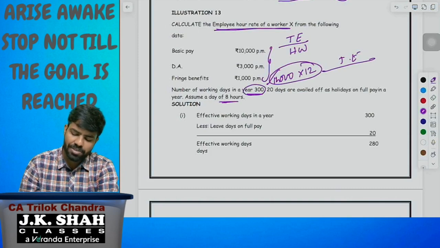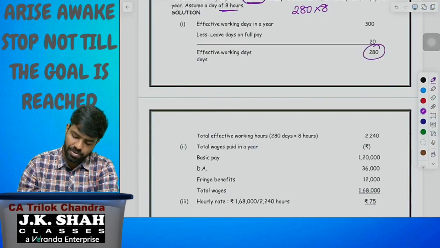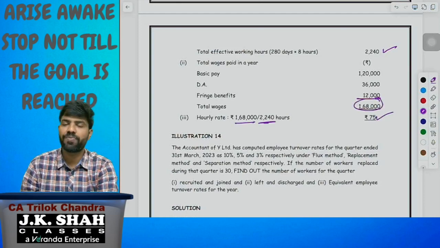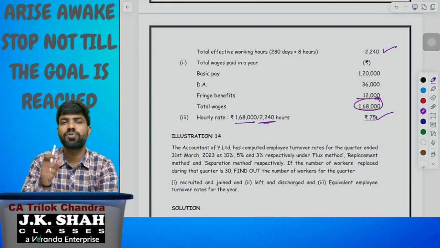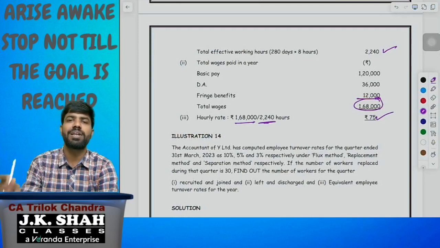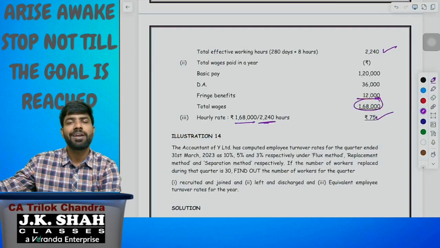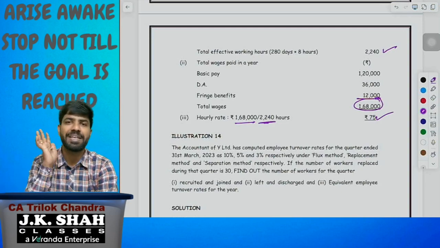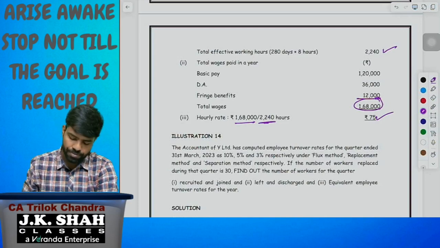Out of 300 days, 20 days holiday, so 280 days he is working, each day 8 hours. 280 into 8 hours, 2,240 hours. So 1,68,000 divided by 2,240, 75. These two questions are given just to get clarity between CTC and total earnings. When it comes to worker, he'll take total earnings. When it comes to company, they'll take CTC as the base. Clear?